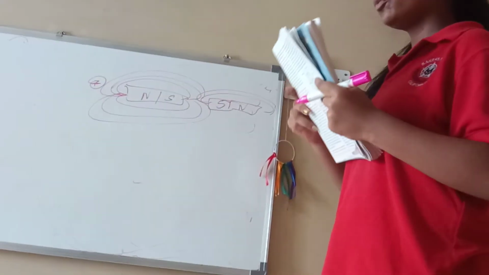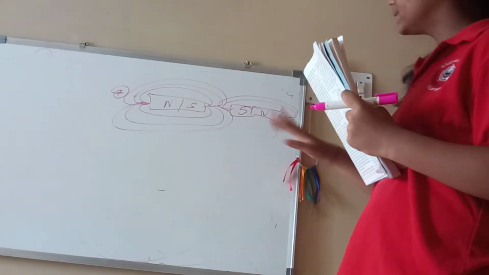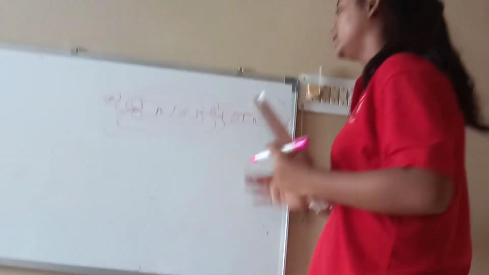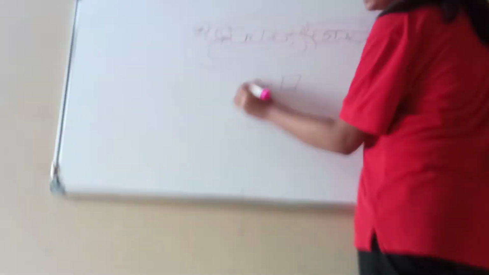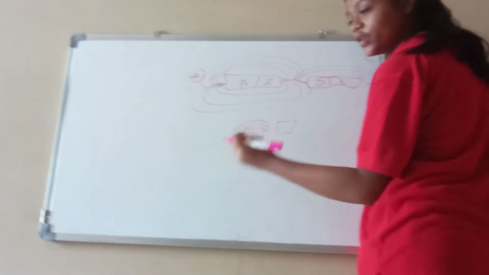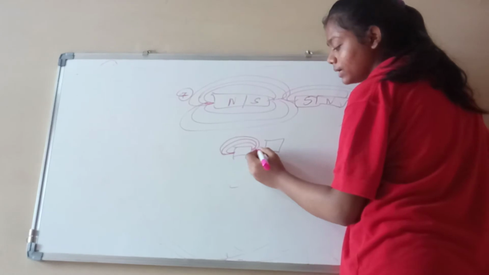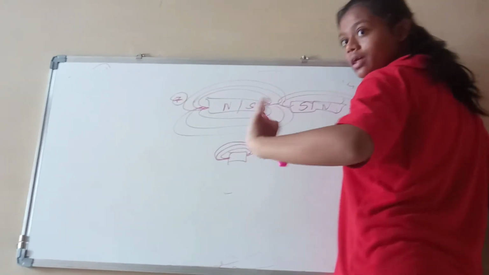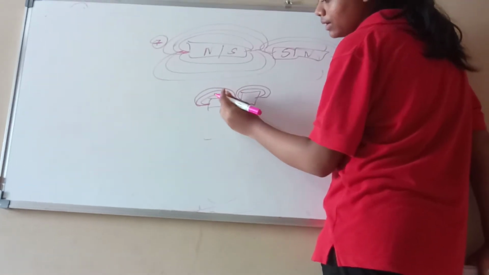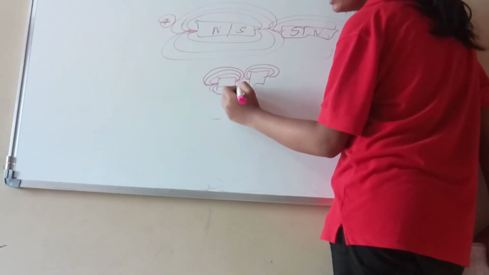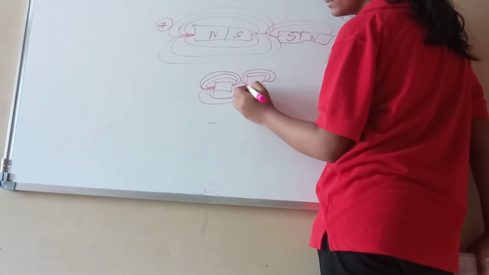So coming to the fourth property, they would never intersect. Then how is this happening? If you bring two magnets, the magnetic field lines contract. They become smaller inside. They don't like touching each other.